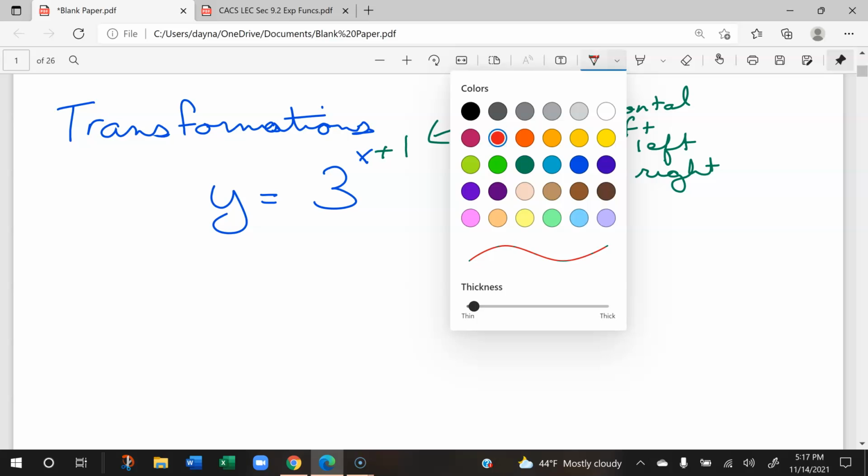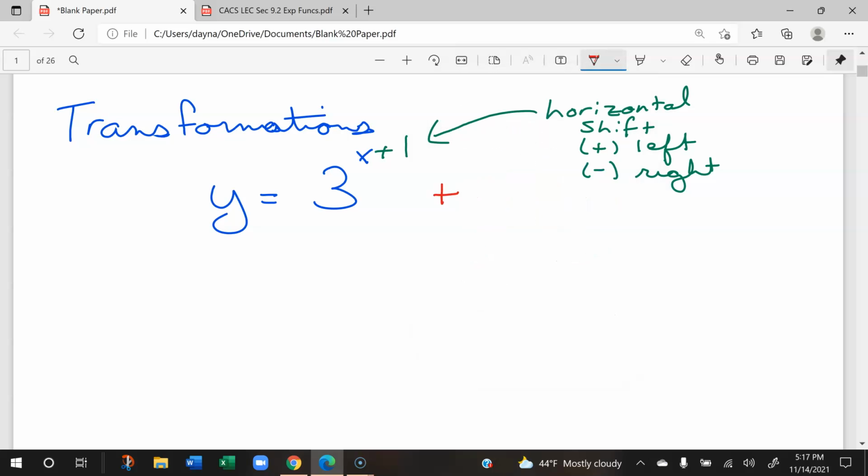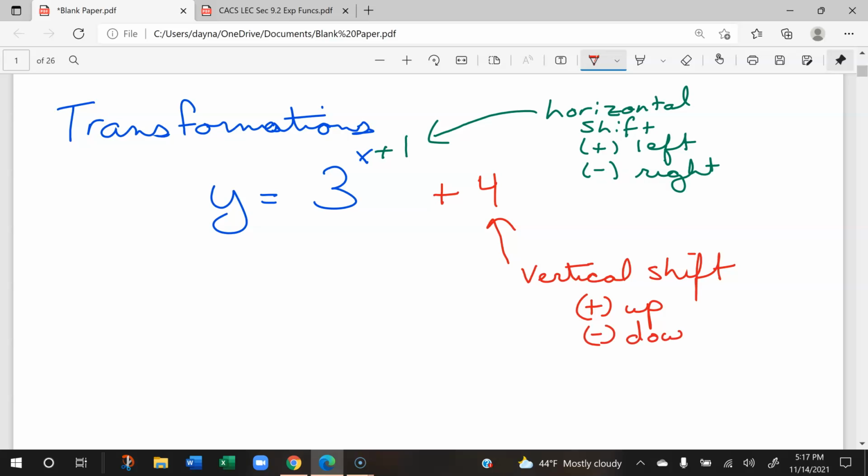Now, if I have something added or subtracted out here, in other words not in the exponent, that is going to be our vertical shift. It is away from the x, so it is going to move us vertically. A positive will move us up, a negative will move us down.